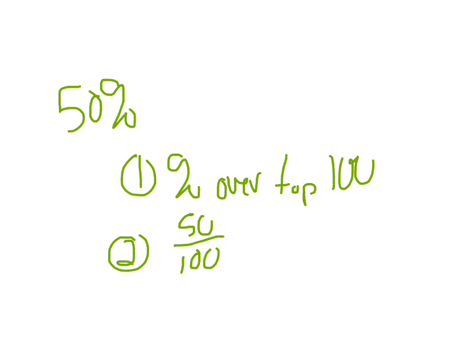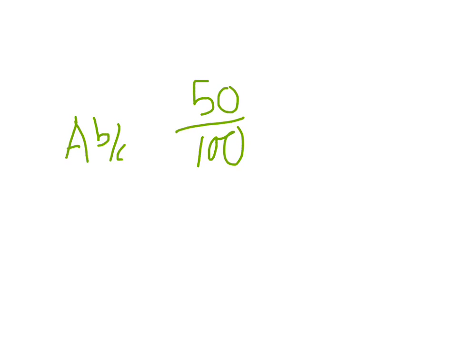Or if you have a very smart calculator, you should have a button on there that looks something like A B/C. You can simply type in your fractions. Let's say you had 50 hundredths. You would type in 50. You would then hit that A B/C button.